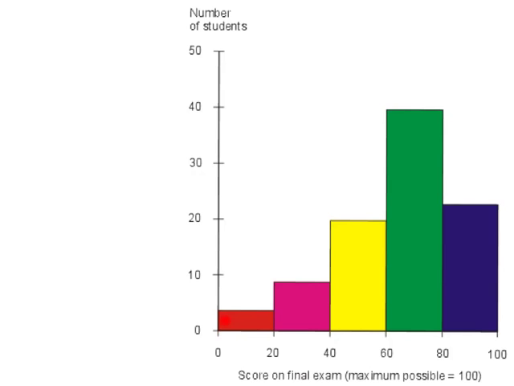Only maybe 4 or 5 students scored between 0 and 20. Then right at 10 scored in this area, and 20 scored in the 40 to 60. But the great majority, 40 of the children, scored between 60 and 80, and then probably about 25 children scored between 80 and 100.